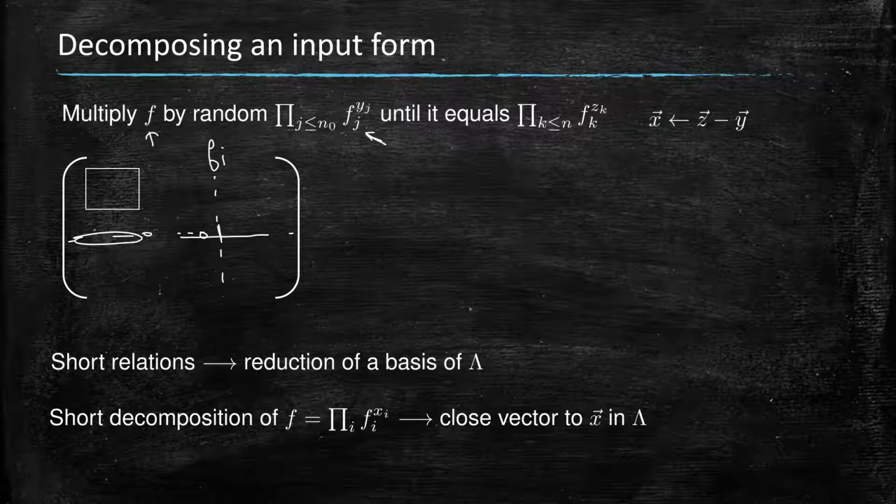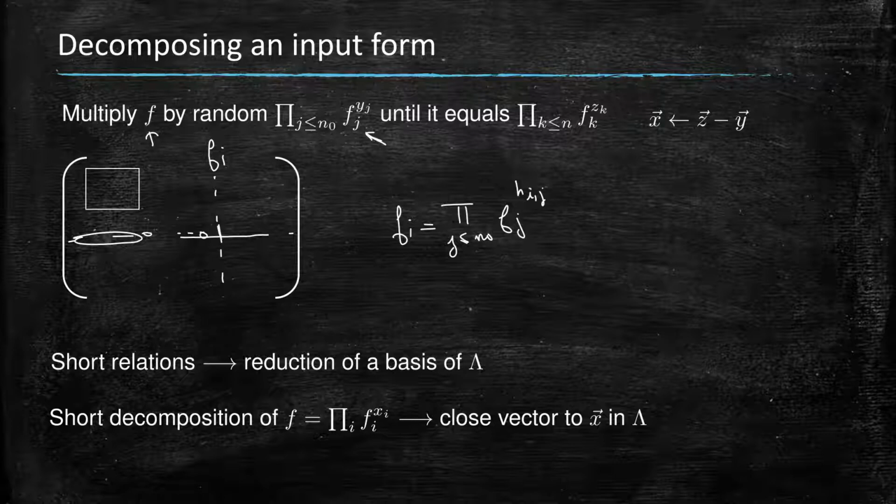And what it tells you is that fi is going to be equal to a product for j less than n0 of fj to the, for example, if we call this matrix H because it's the HNF, h_ij.